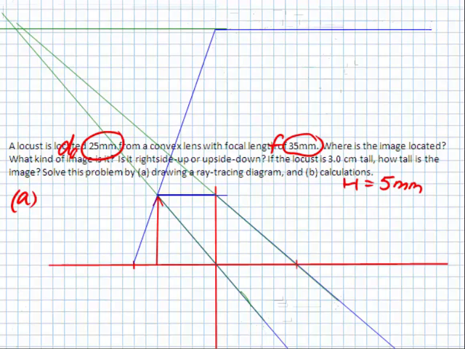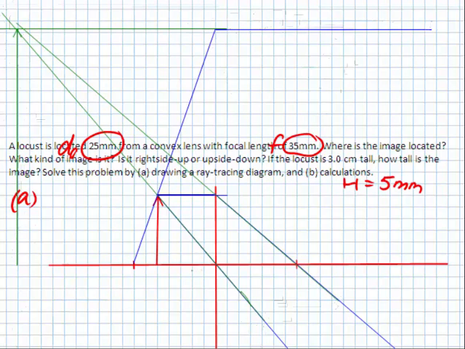And we can see here that we're not getting perfect closure. All three rays aren't crossing at exactly the right place, but they're closing at about here. So this is our image, is located right here.